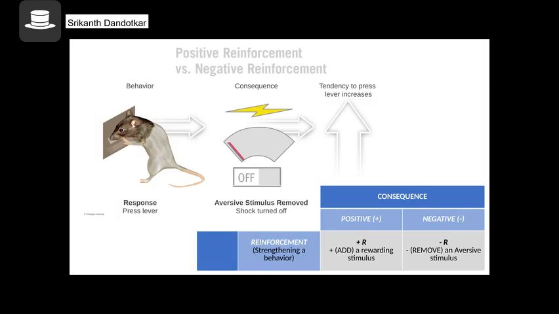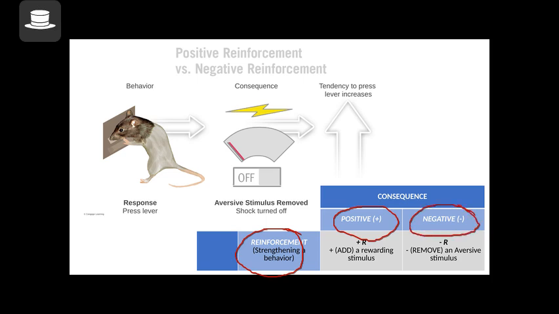Now, let me summarize quickly the two kinds of reinforcement. I want you to think of reinforcement as strengthening a behavior. And there are two ways you can reinforce a behavior, either by positive reinforcement or through negative reinforcement. And think of positive as adding something and negative as removing something.